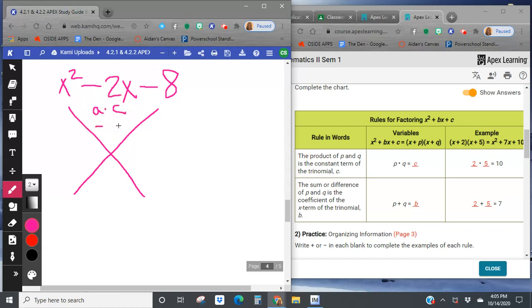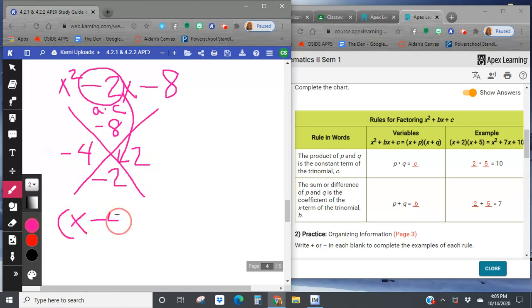So this is what times what equals -8, and then this coefficient drops down, -2 goes here. So what times what equals 8 and subtracts to give me -2? So my factors are x minus 4 and x plus 2.